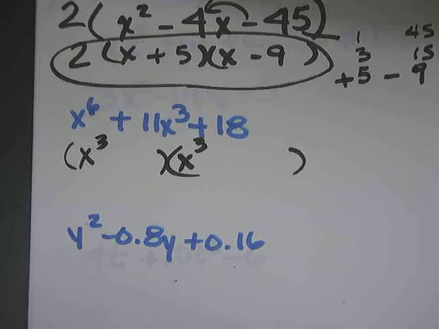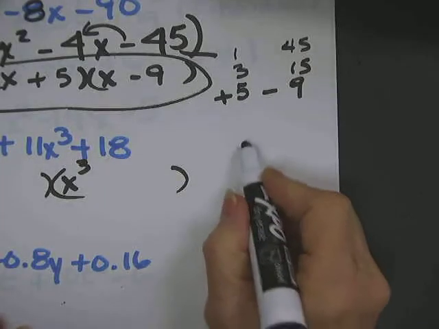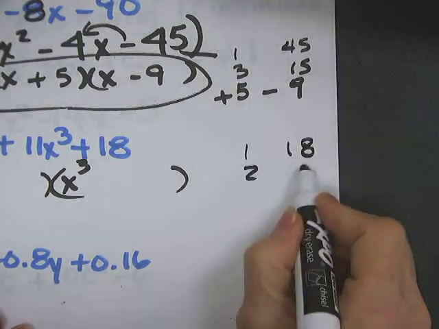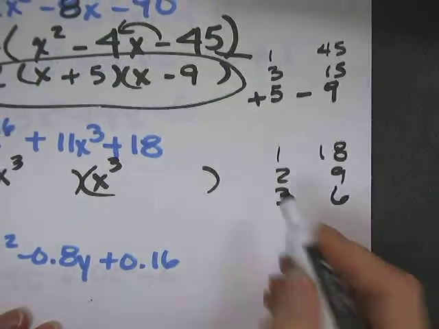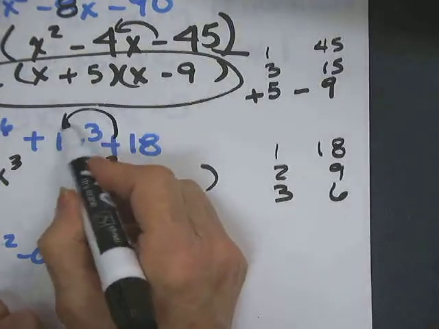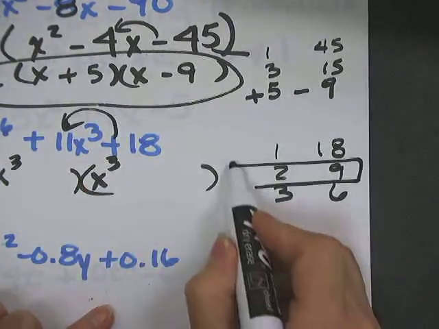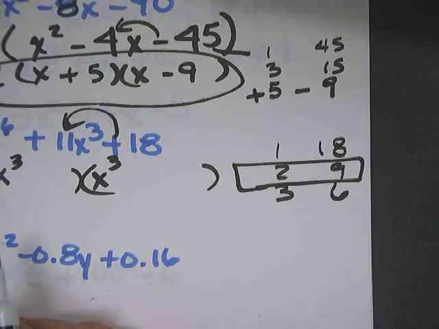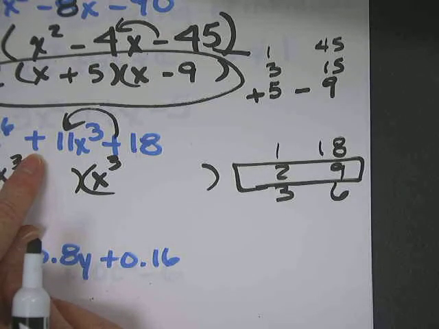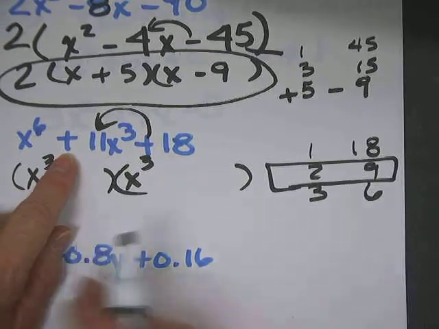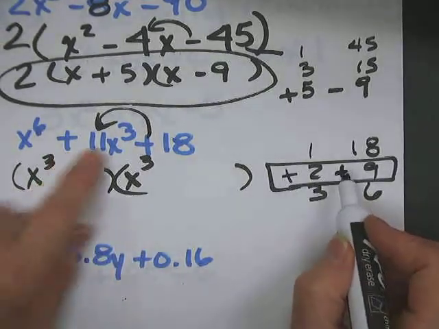This will give you a hint right here. Remember when you multiply and you add it? 18, we have a few ways to get 18: 1 times 18, 2 times 9, 3 times 6. It's going to be 2 and 9. That's all of them. They add up to 11.